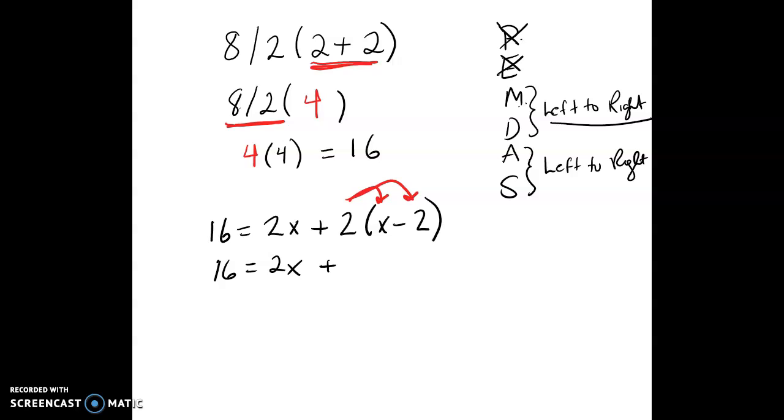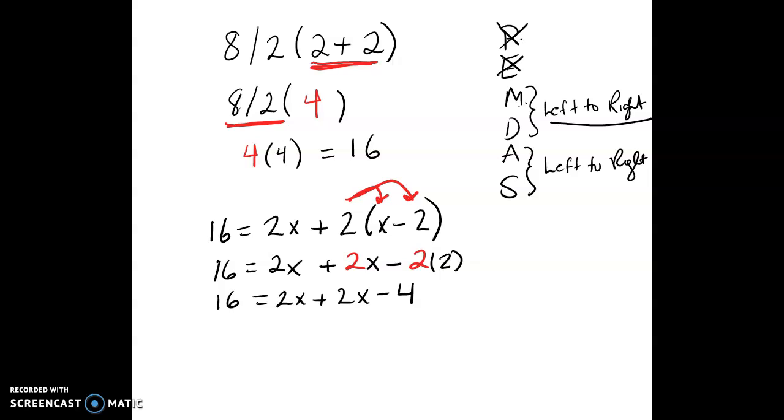And so I distribute this 2 to both terms in the parentheses. So it would become 2 times the x and 2 times this negative 2. So I end up with 16 is equal to 2x plus 2x minus 4 after I complete the distribution process.